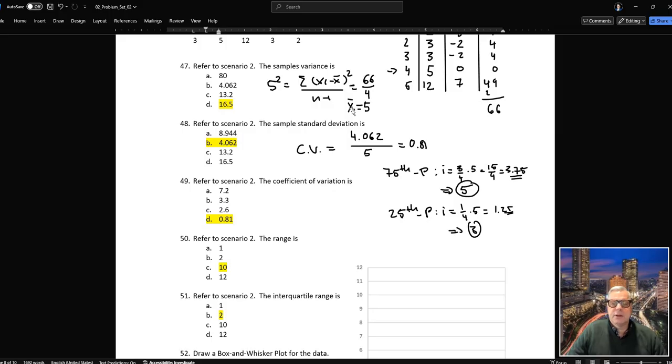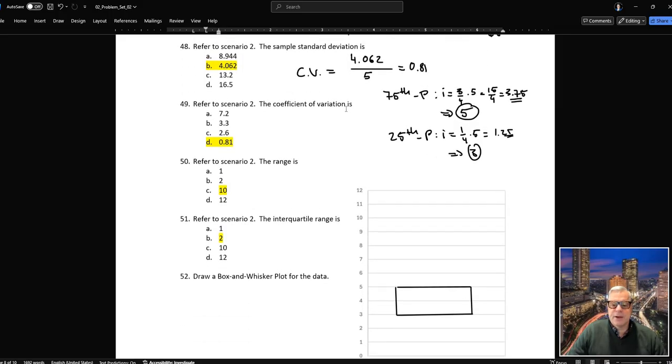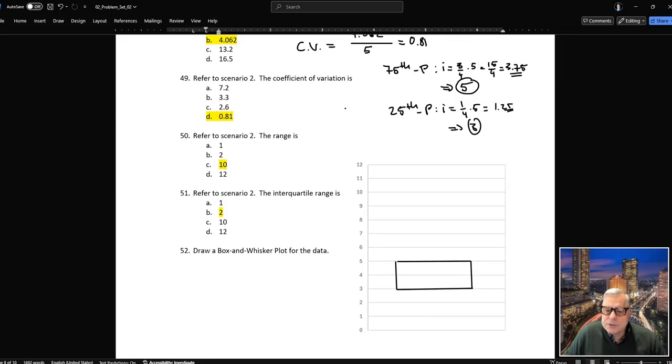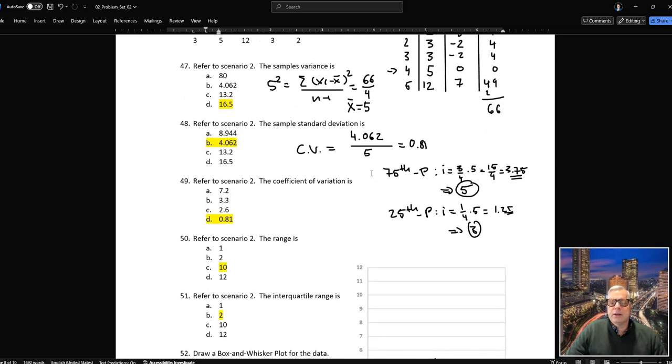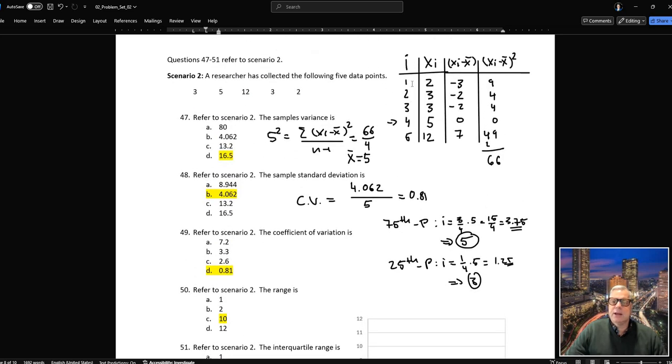We said the mean is 5. So let's just say x equals mean. Then the median, that would be 2.5, 3. So the index number for the median would be 2.5. We round up to the third, so that is 3.